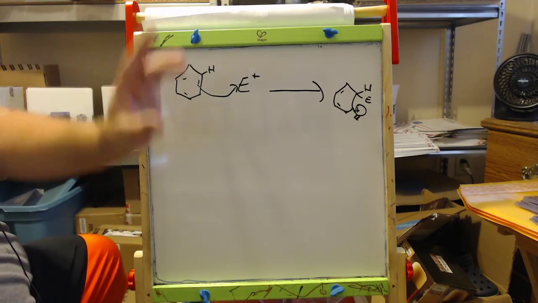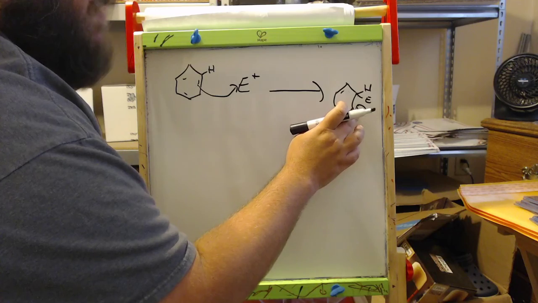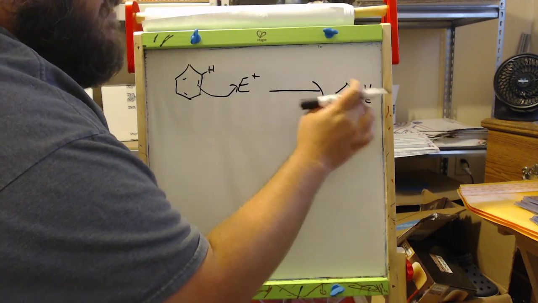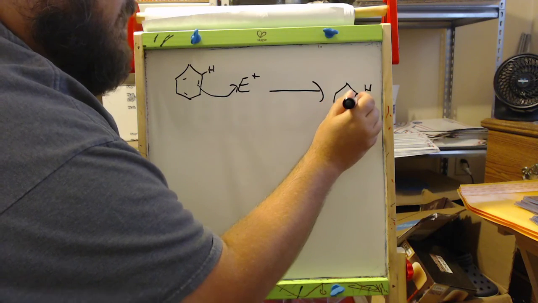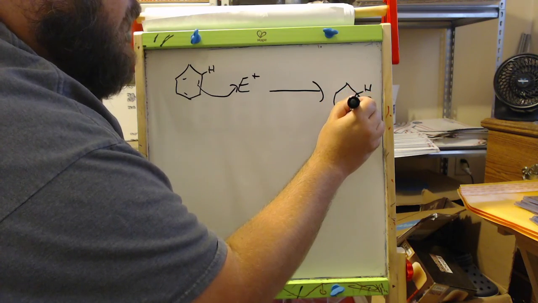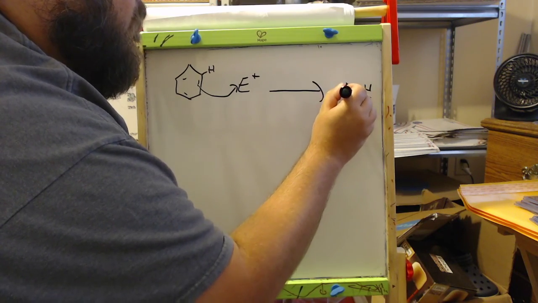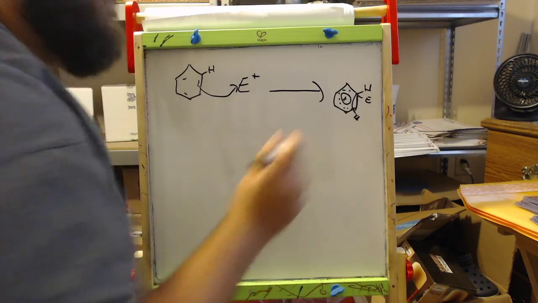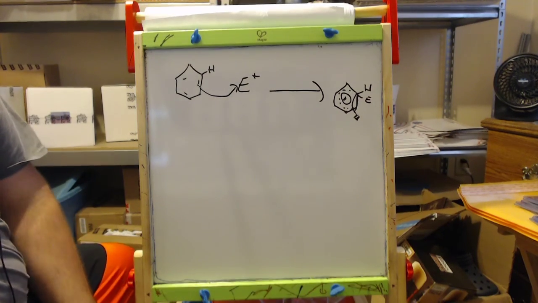What's great about benzene is that these pi electrons back here will back up this carbon, and basically say, you don't have to hold the whole burden. We're here for you. So, we're going to establish the positive charge throughout the entire ring structure.